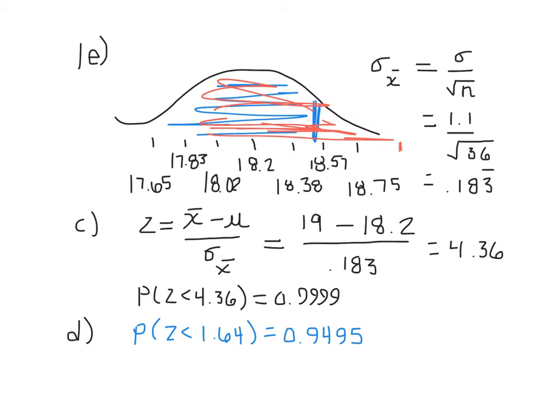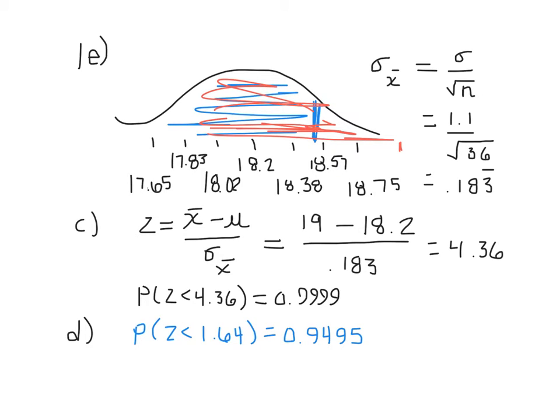So in other words, we've determined that it is more likely that we'll find a man whose shoulder breadth is less than 19 inches than it is to find a man whose shoulder breadth is less than 18.5 inches.